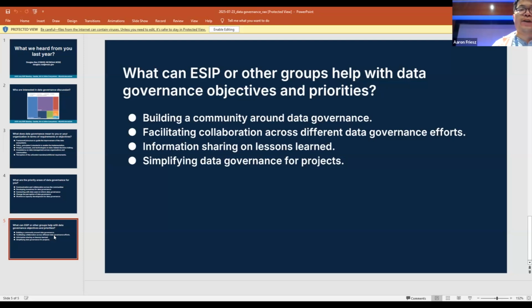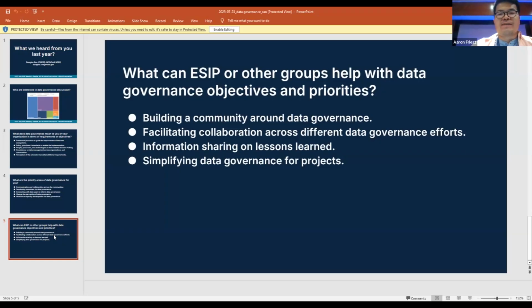I think the first and most commonly mentioned was building a community around data governance, which, based on the 40-some people in the room and online, I think we are almost there for a community of practice around what we want to do in ESIP around data governance. We can also use this opportunity to facilitate collaborations across different data governance efforts, and to share lessons learned across groups.